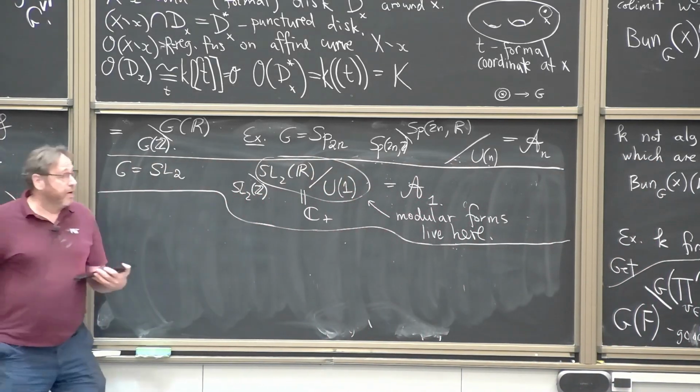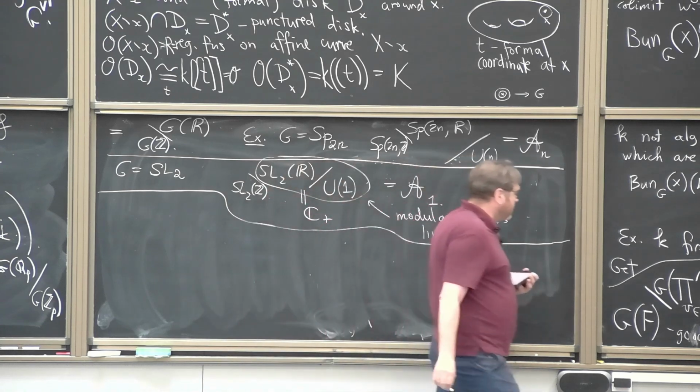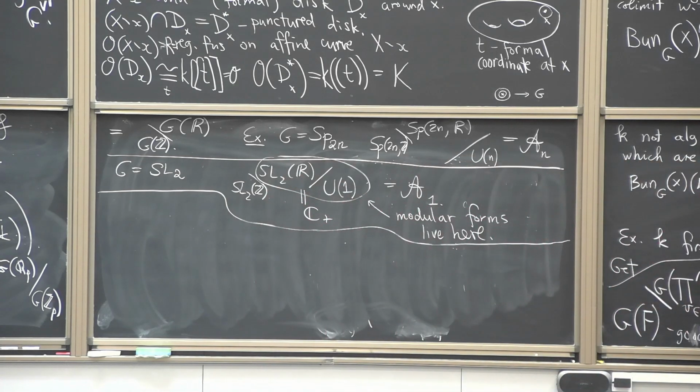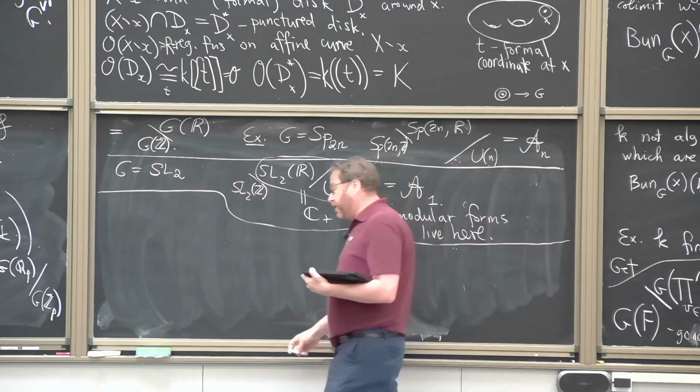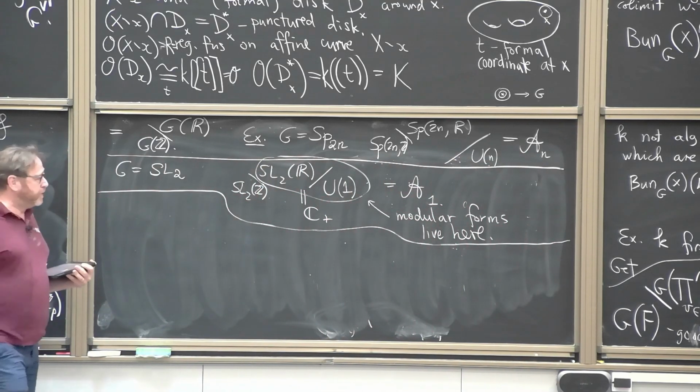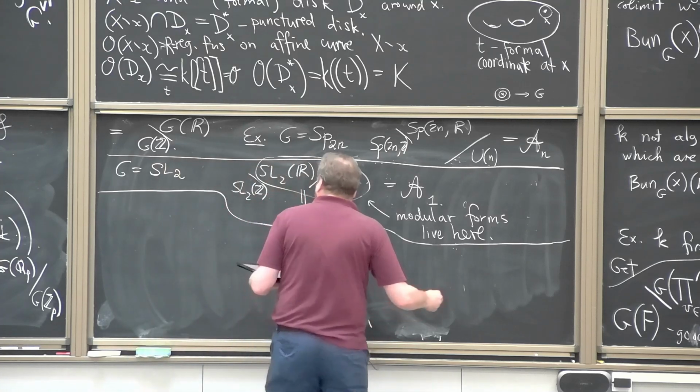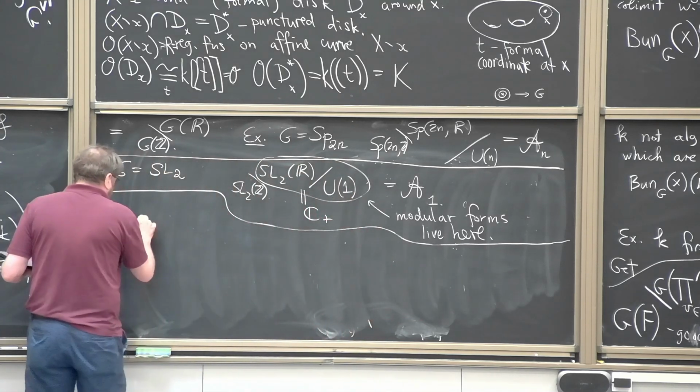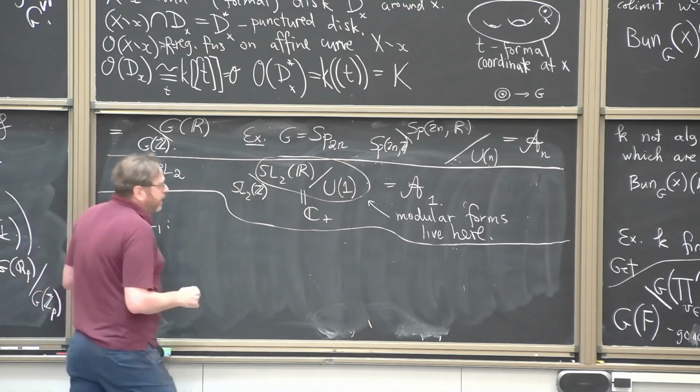So in particular, the Jacobian of X can be written as this complicated quotient for the case of G equals GL_1.